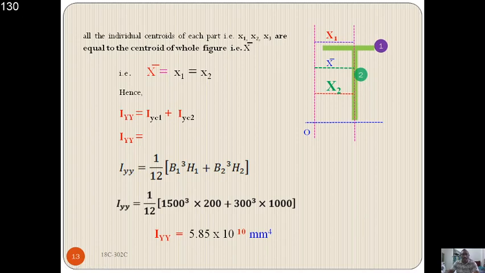After finding the Ixx and Iyy, in the problem they asked to find the least radius of gyration. So we need to apply the radius of gyration, R is equal to square root of I by A. For individual cases, we need to find the radius of gyration for Ixx and Iyy.